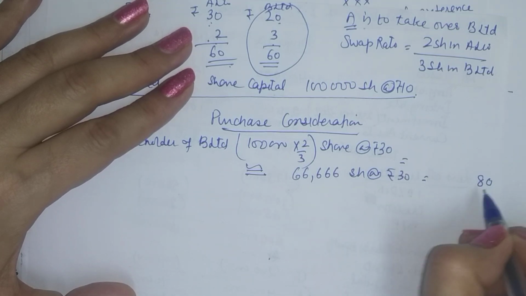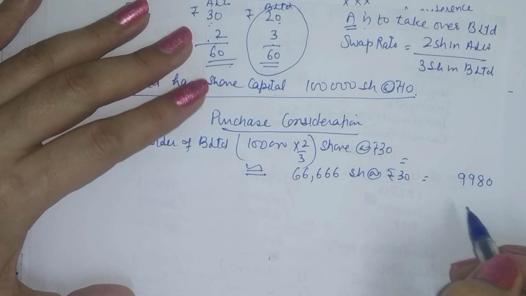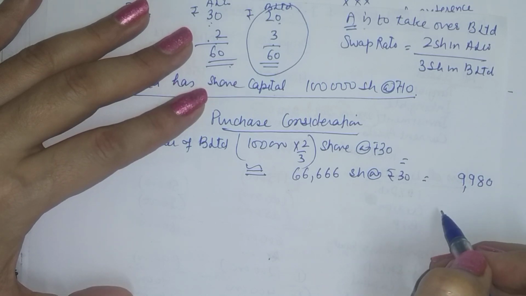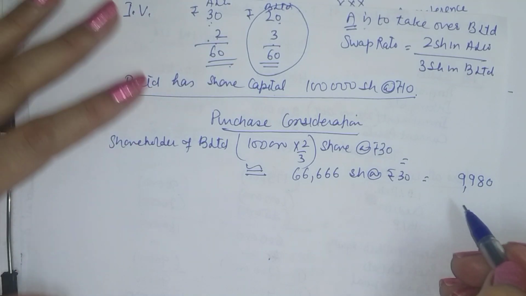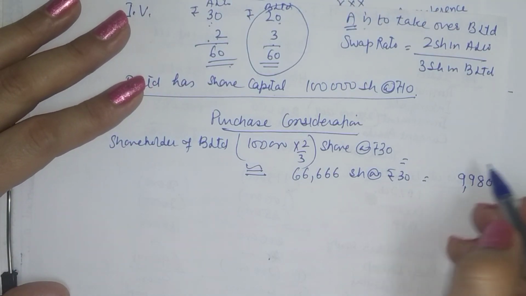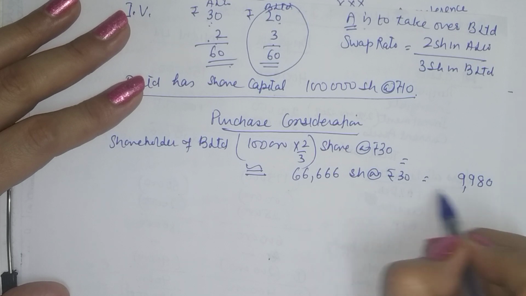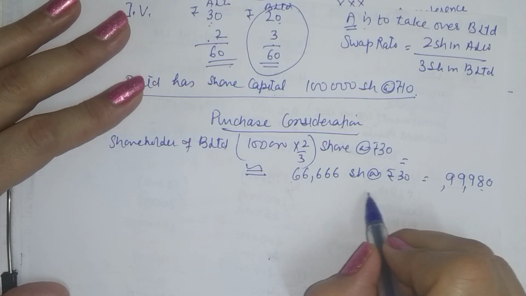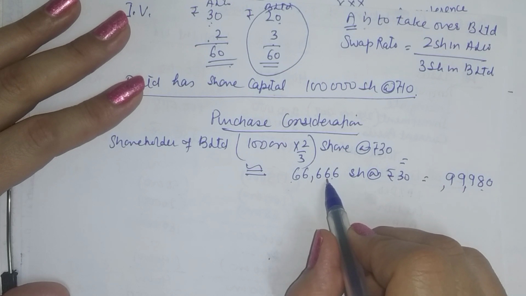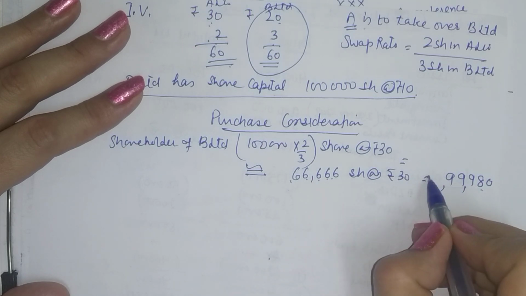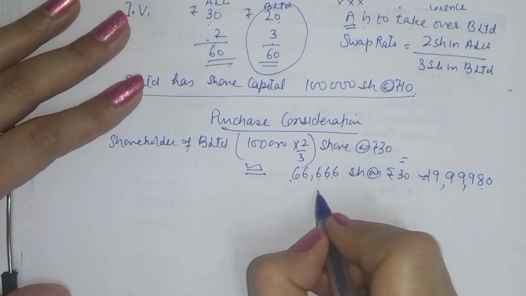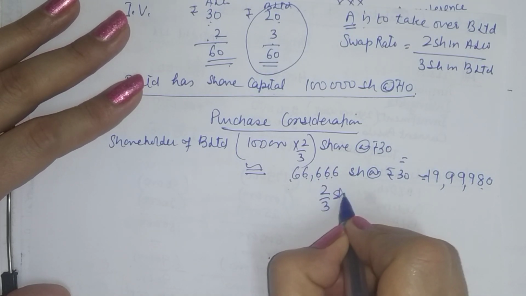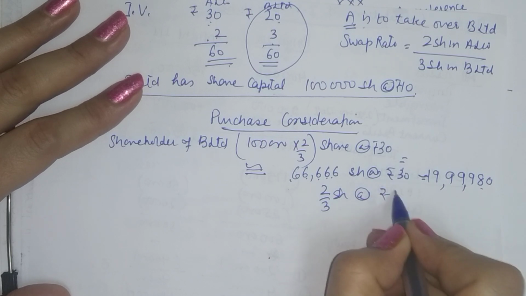Now we are left with 2/3 share, and for the 2/3 share cash will be given at the same value.